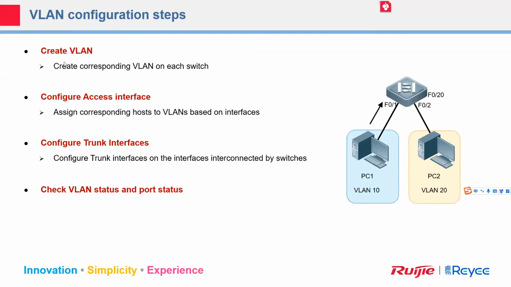So first we have to create the VLAN. In the switch, only VLAN 1 exists by default. If you want to use other VLANs like 20, like 1000, you have to create them. And then you have to configure the access interface, configure the trunk interface, then we can check the result. So this is the step.